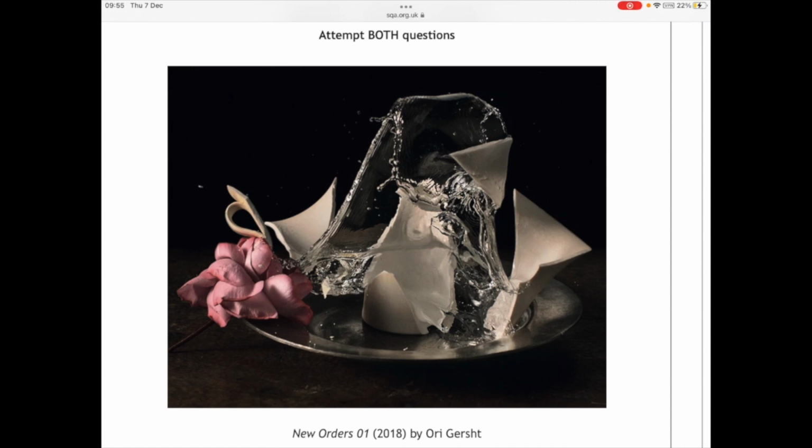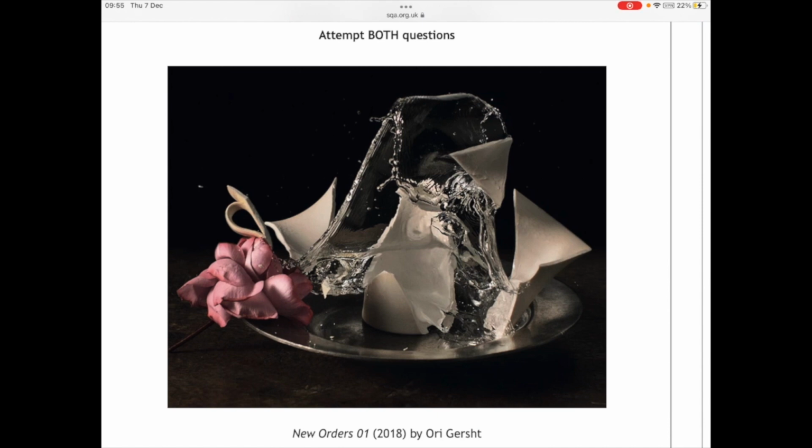If you haven't really looked at mood and atmosphere before, there are PowerPoints on Google Classroom that you can look through. When you look at an image, if you're going to talk about mood and atmosphere, first of all just look at the image and think, how does this make me feel?